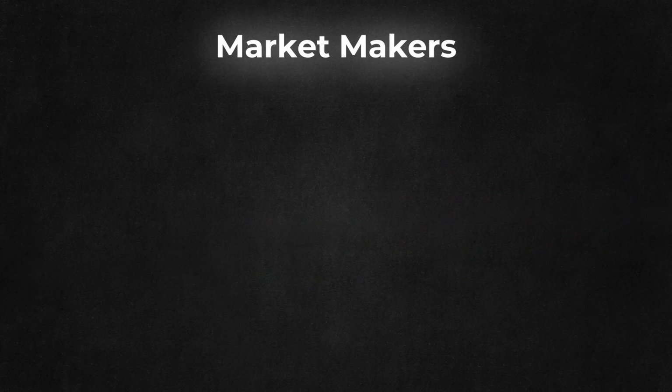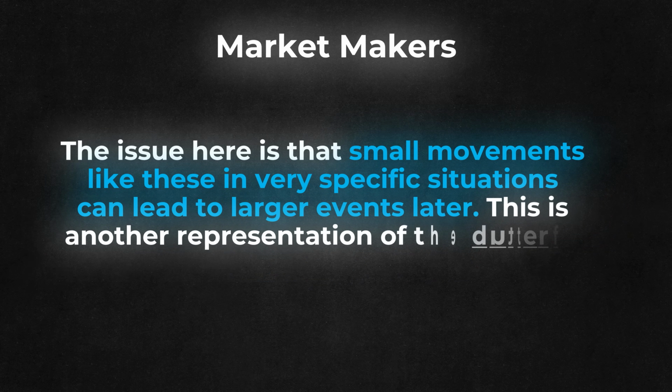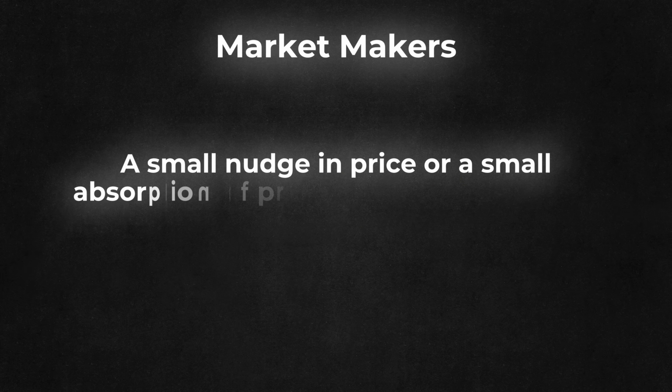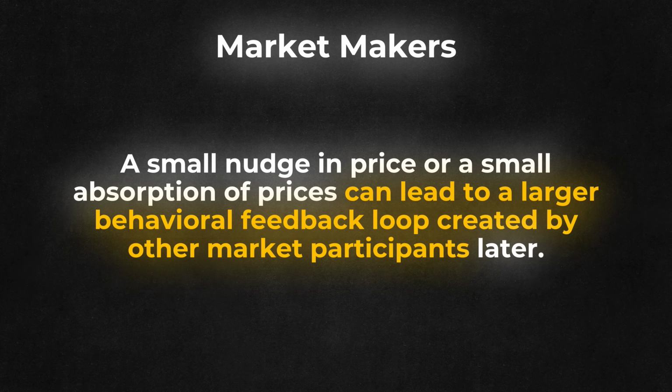The issue here is that small movements like these in very specific situations can lead to larger events later. This is another representation of the butterfly effect in the market. A small nudge in price or a small absorption of prices can lead to a larger behavioral feedback loop created by other market participants later.